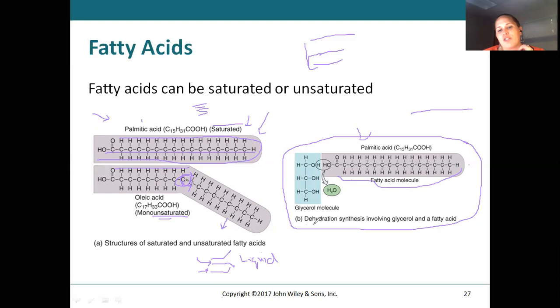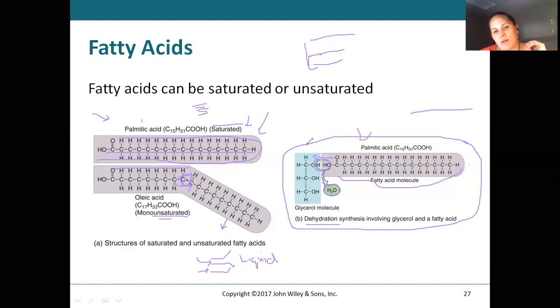The second panel here is just showing a dehydration synthesis involved in making a fatty acid. Remember last time we talked about different types of bonds. The dehydration synthesis that occurs here is you have this OH group that is lost with this H, and that gives off water, so you have dehydration occurring, and this fatty acid molecule gets attached to this backbone.